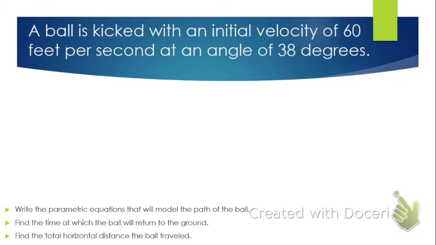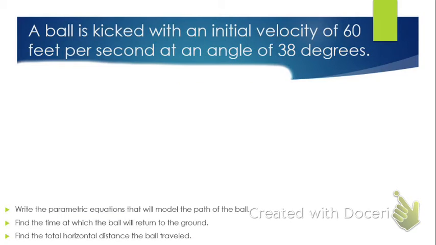So let's go ahead and look at question number 1. So the first thing we want to do for part A is write our equations. So let's write our x of t and our y of t. So let's go ahead and read that.